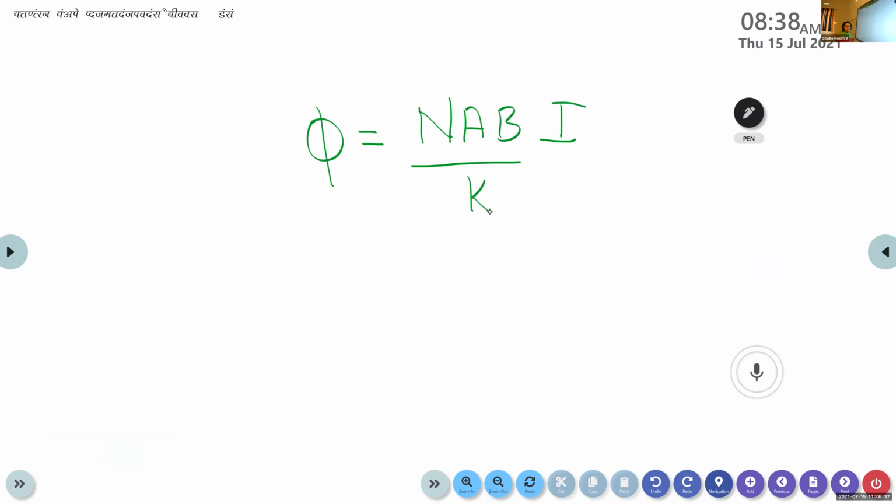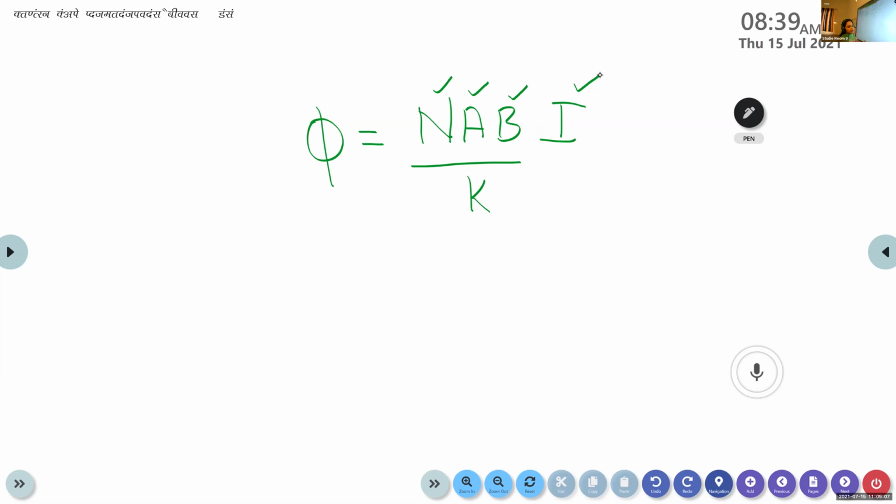So this is the equation that we derived for the moving coil galvanometer, where phi is the angle of deflection, N is the number of turns of the coil, A is the area of cross section, B is the magnetic field, I is the current passing through this rectangular coil, and what does K represent?